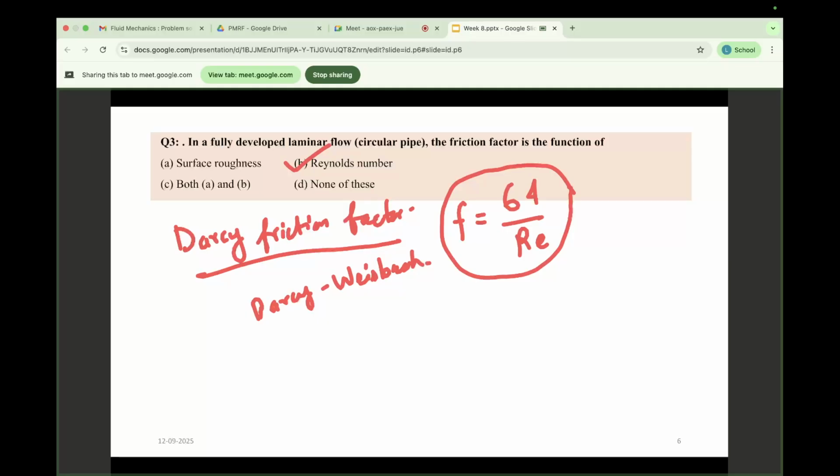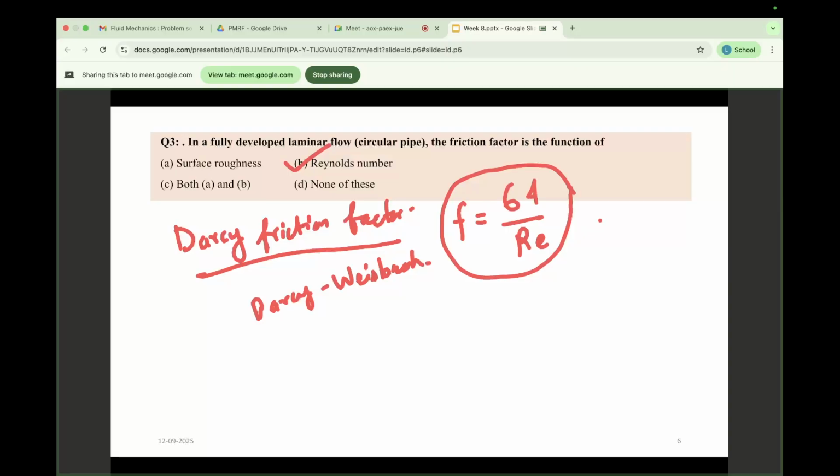So what I want to tell you is that in this formula they have assumed that it's a viscous flow. So the surface roughness here doesn't change the linear viscous momentum distribution. That means the change in the velocity has no certain effect because of this.